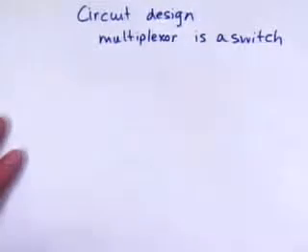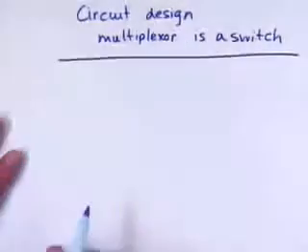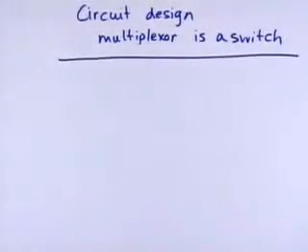Okay, so let me just list what we did today, to remind you. We did some circuit design. Remember that a multiplexer is a switch, using the control bit. I think multiplexer actually has an E there.